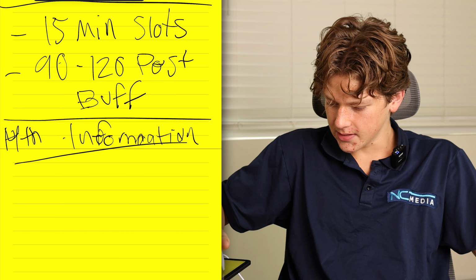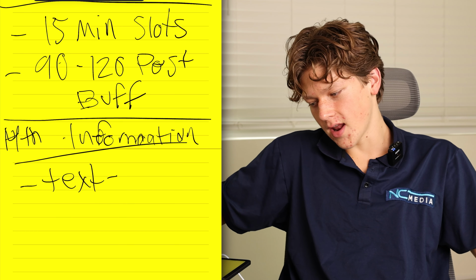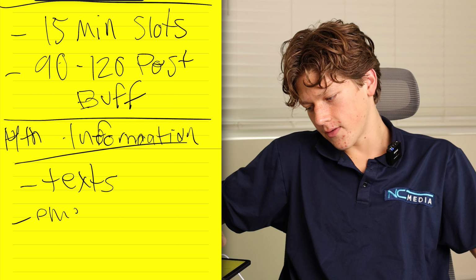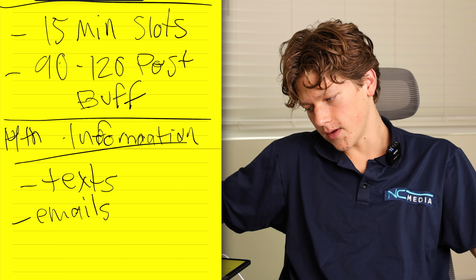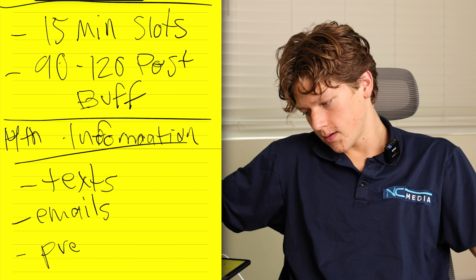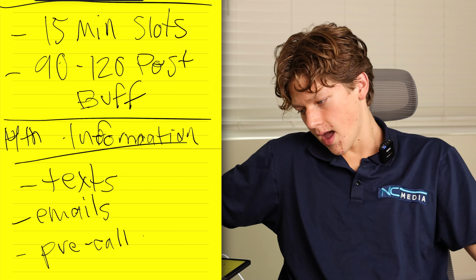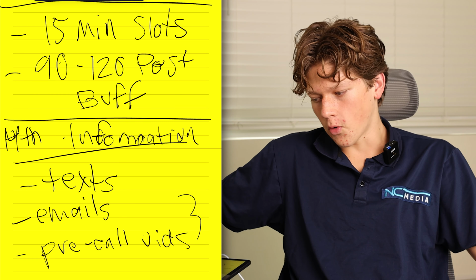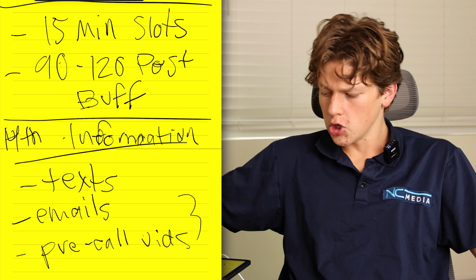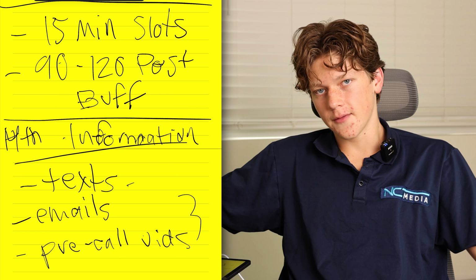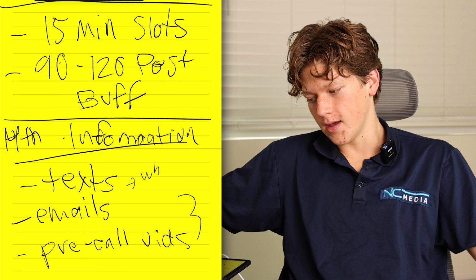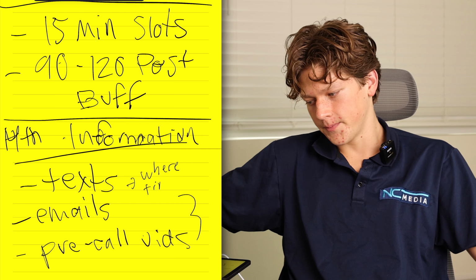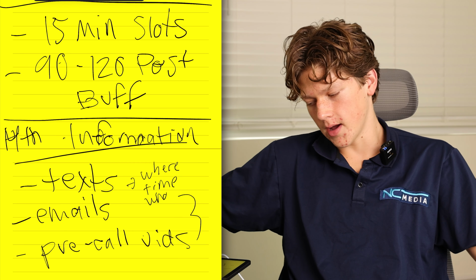So in your texts, you should have texts going, you should have emails, and you should have, at the very least, some pre-call videos, right? And what each of these is going to do is it's going to provide some more clarity and some more information. So your text might provide clarity and information on where the appointment is, the time, who are they meeting with, right?